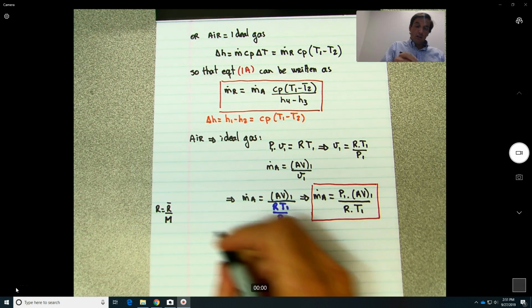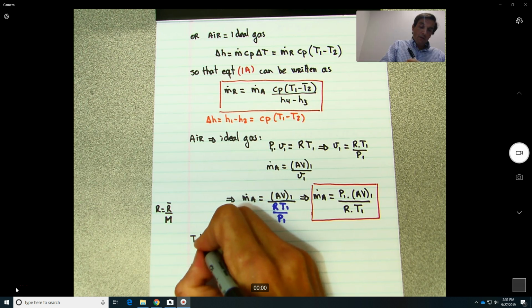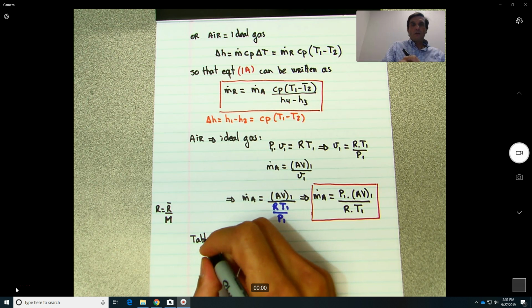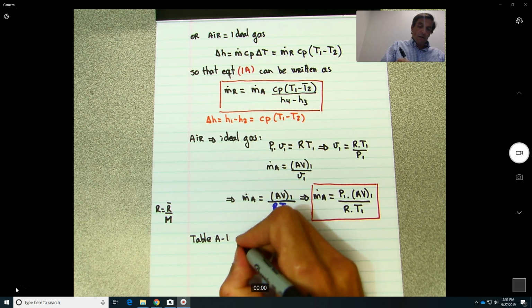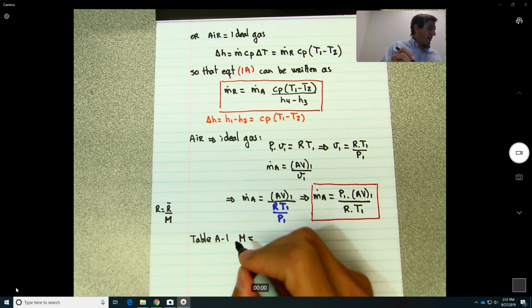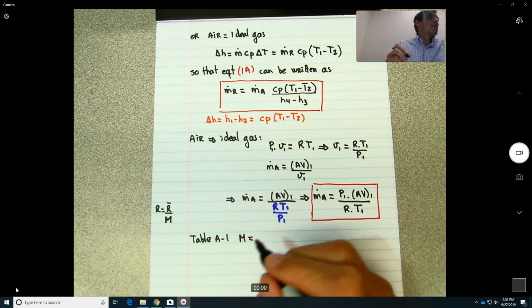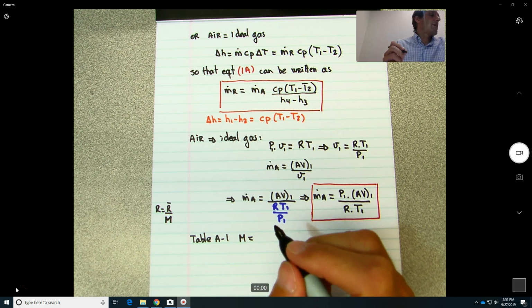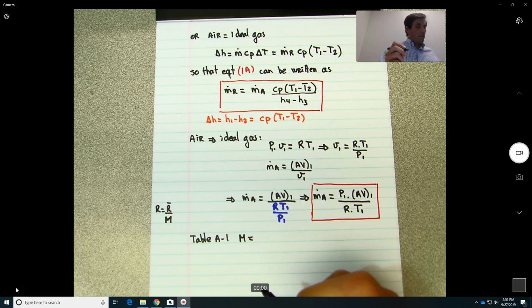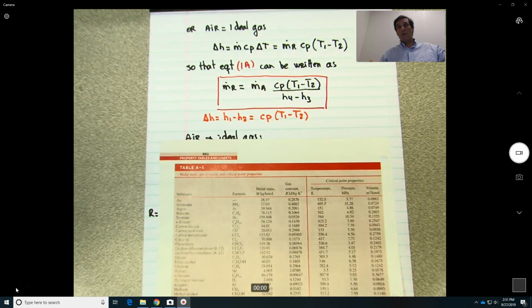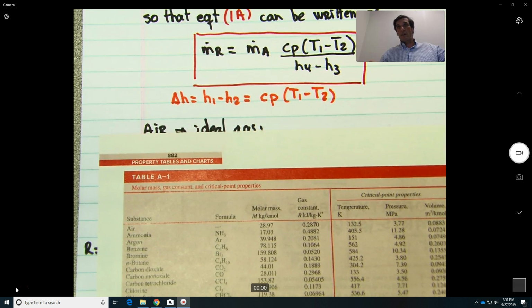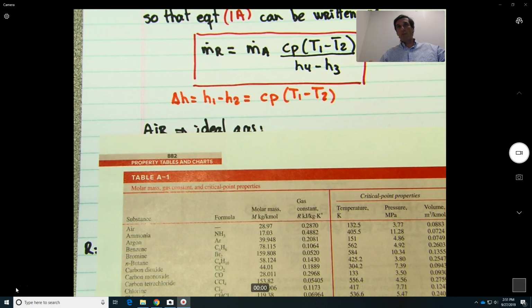Okay, so let's do this calculation. From table A1, we find that the molar mass of the air is equal to 28.97.